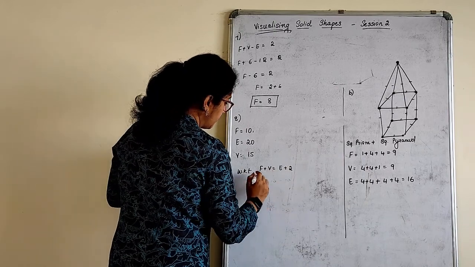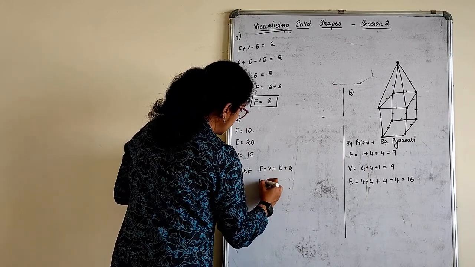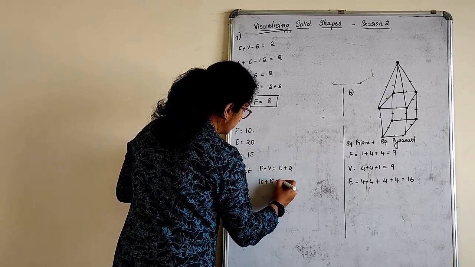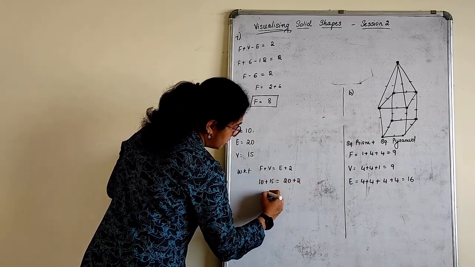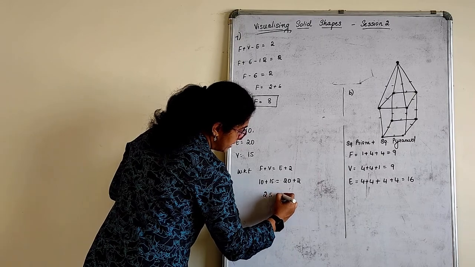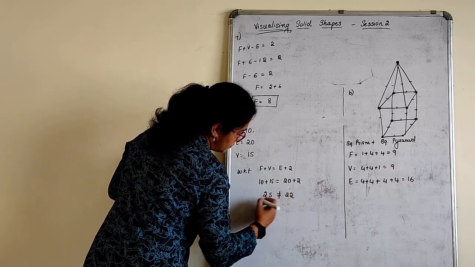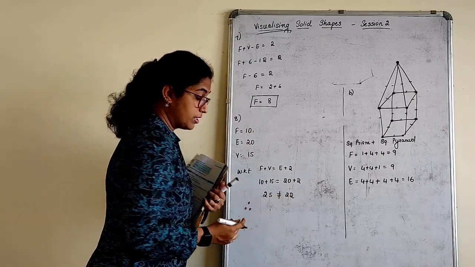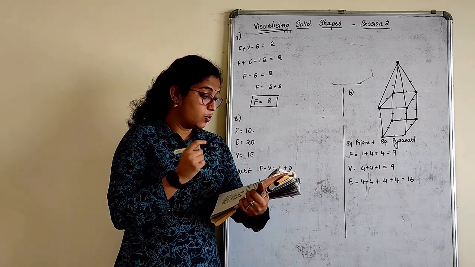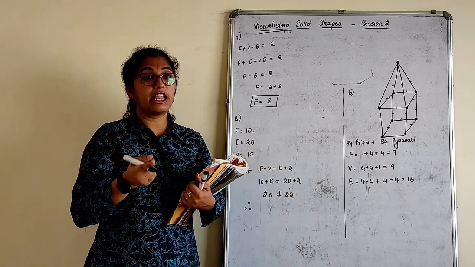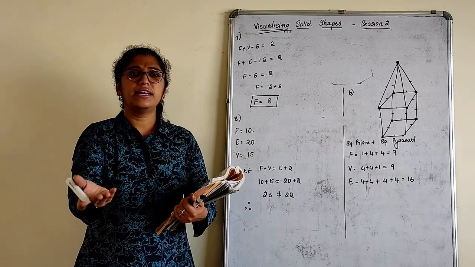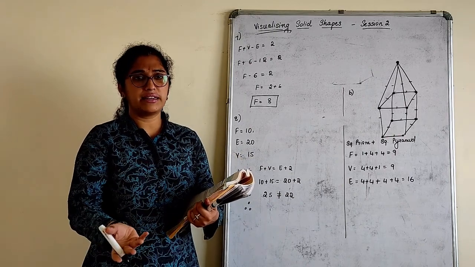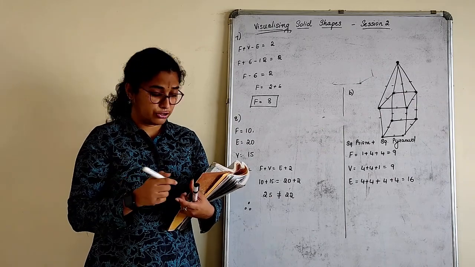Let us substitute. F is how much? 10 plus 15 is equal to E, 20 plus 2. 25 is not equal to 22. Therefore, the given faces, edges and vertices cannot form a polyhedron. That's all. If it satisfies, it is a polyhedron. If it doesn't satisfy, it is not a polyhedron.